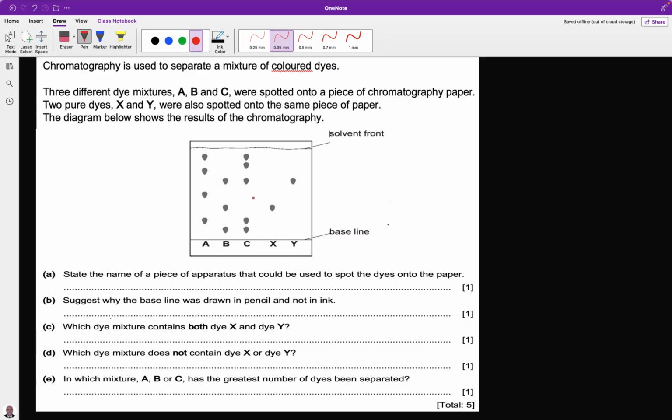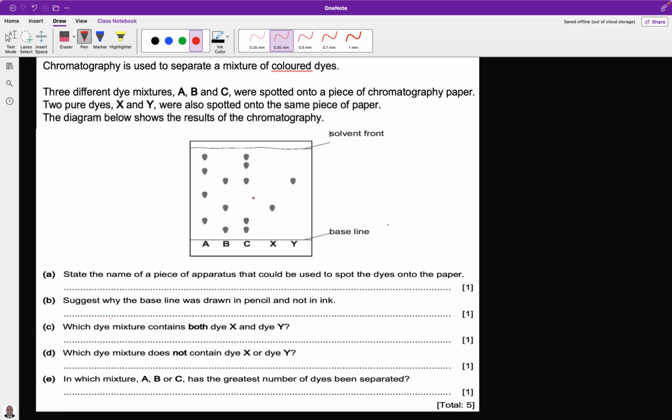In that case, you must use a very small, tiny capillary tube to spot the dye onto the paper.